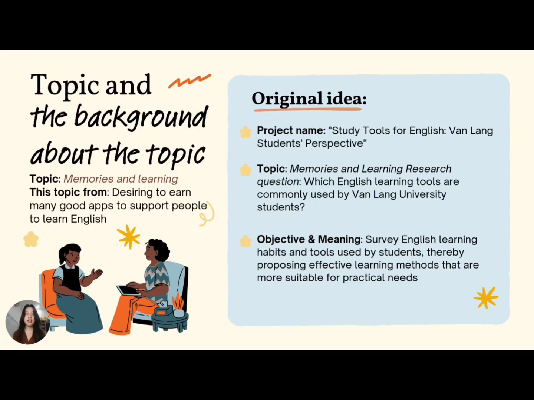We asked about what tools they use, such as AI, Duolingo, Cambridge Dictionary, or Lingodeer, how often they use them, why they choose those tools, and whether they find them effective.